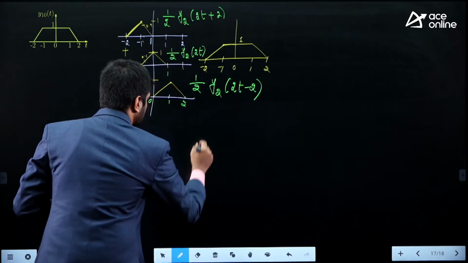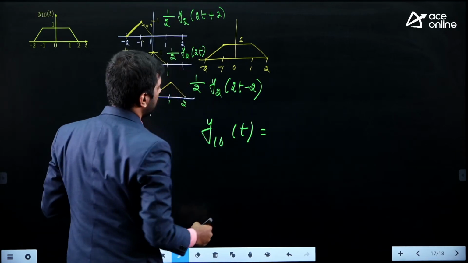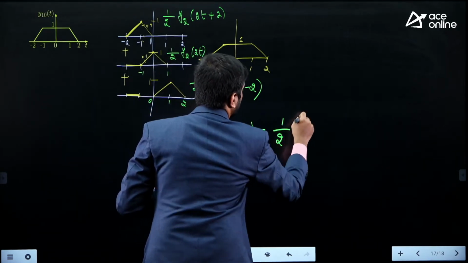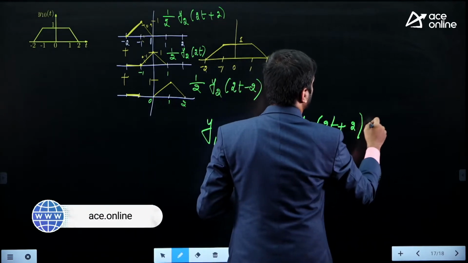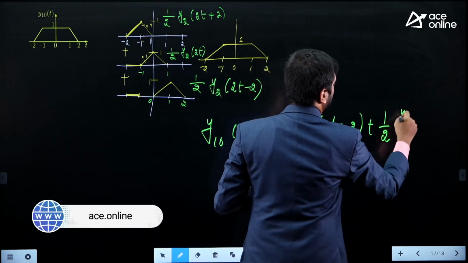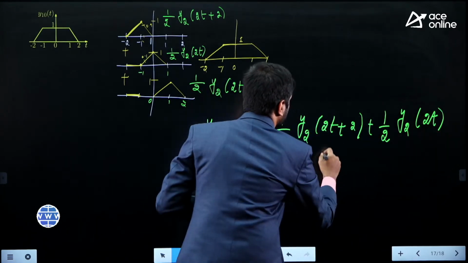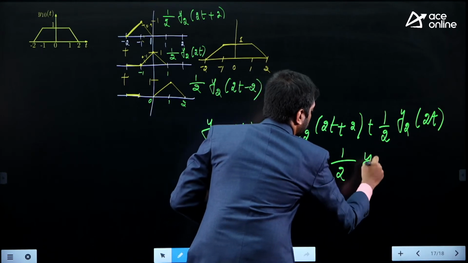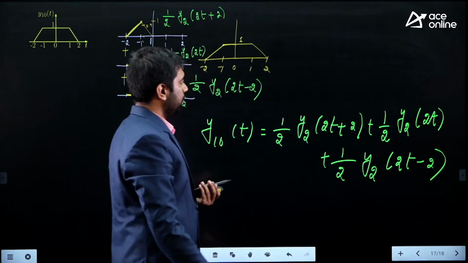Y10 is the sum of all these: 1 by 2 y2 of 2t plus 2, plus 1 by 2 y2 of 2t, plus 1 by 2 y2 of 2t minus 2.